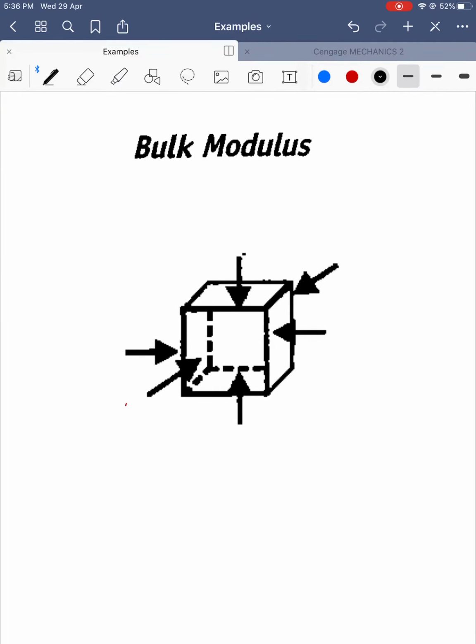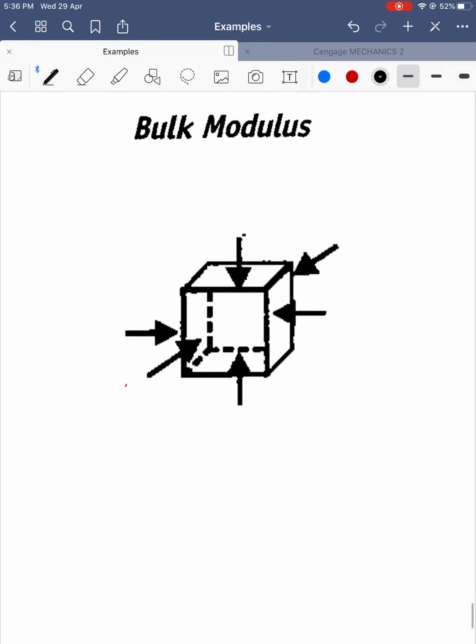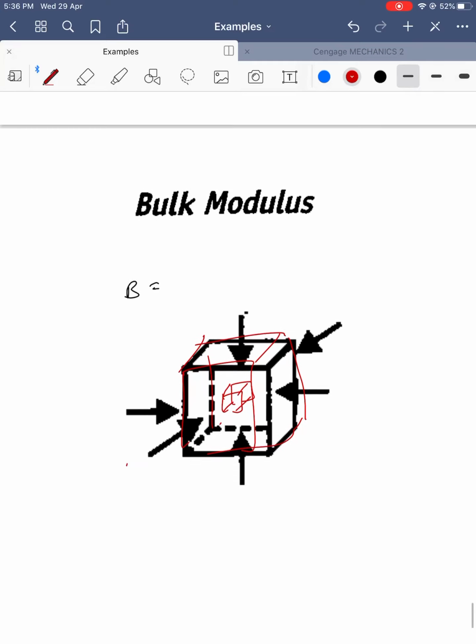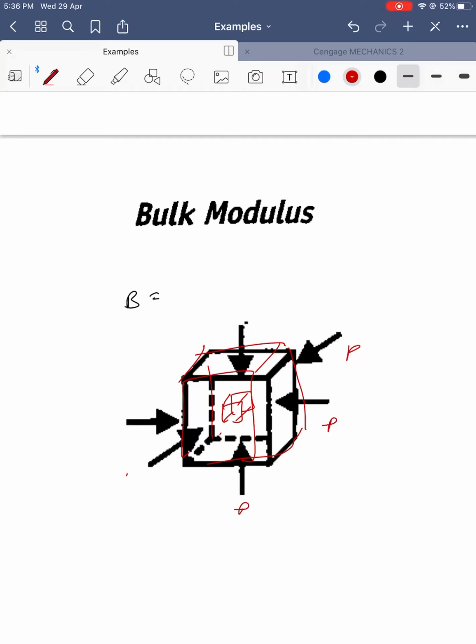Next is bulk modulus. What is bulk modulus? Some disturbance is there because of movement of vehicles. Bulk modulus we represent with B. See, this is the initial dimension of the body. It's like a cube. When it is subjected to pressure, its dimension decreases. The pressure is normal to the surface.